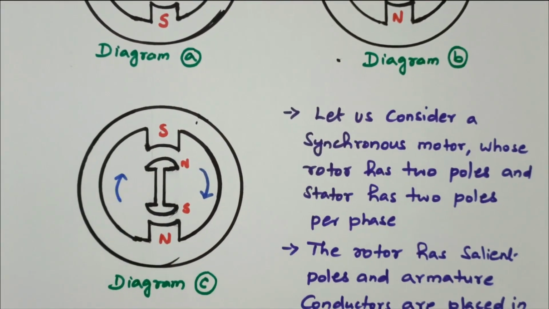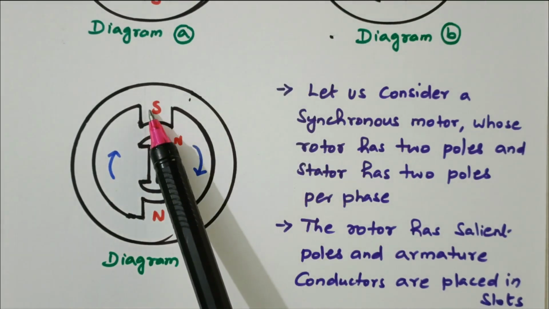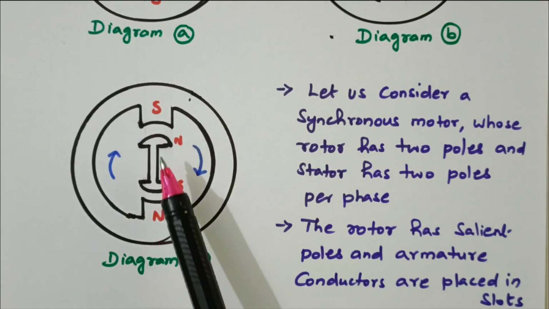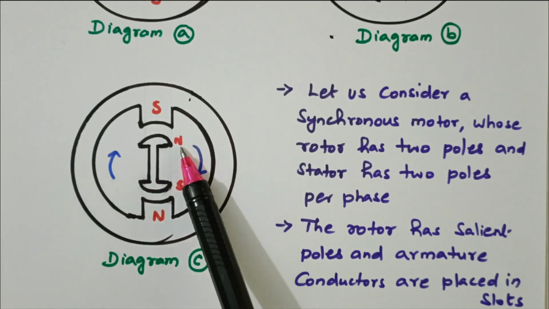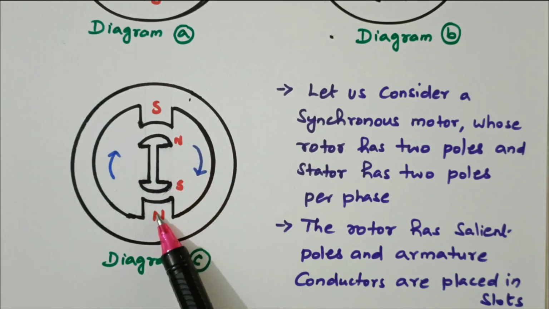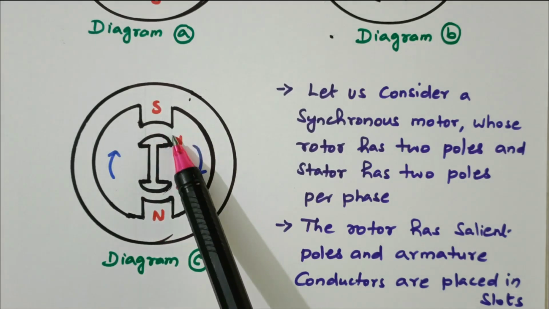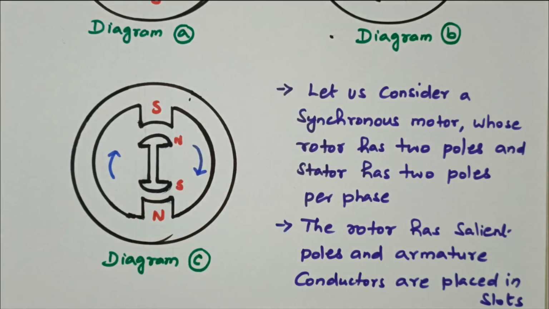We will refer to diagram C. See this, at the top S pole and bottom N pole. Now this rotor is rotated by means of external arrangement, so that at the top is an N pole and at the bottom an S pole, so that these N and S poles are attracted together. So it will start rotating in the same clockwise direction.